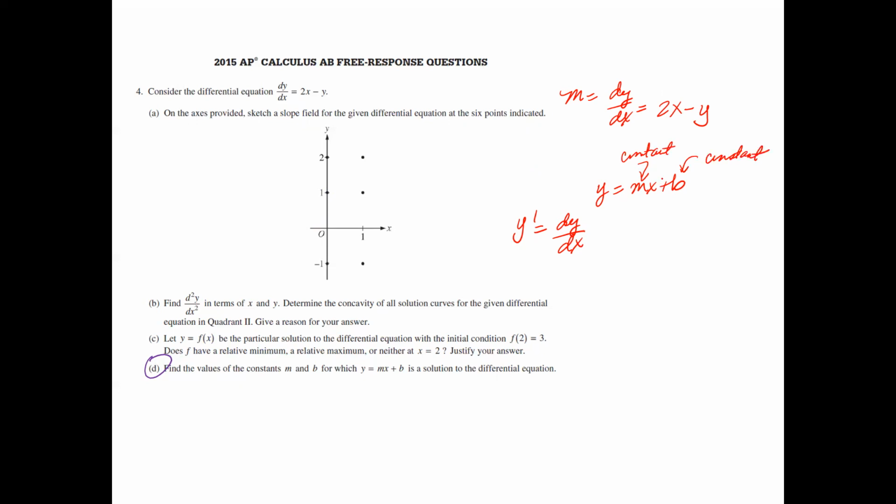So the derivative of mx is just m, because your x is a constant, I apologize, I mean the derivative of x is 1. It's just going to be plus 0, which is what b becomes with the derivative, which is just m.